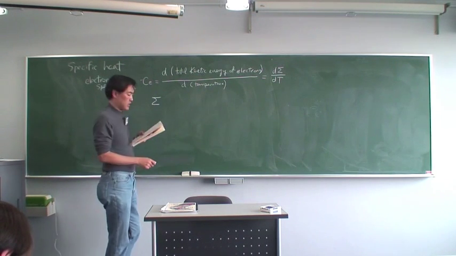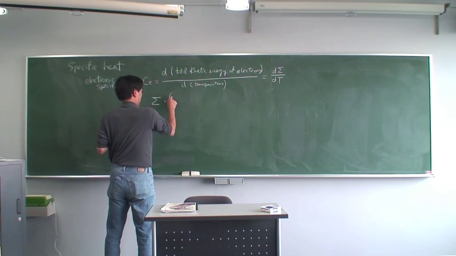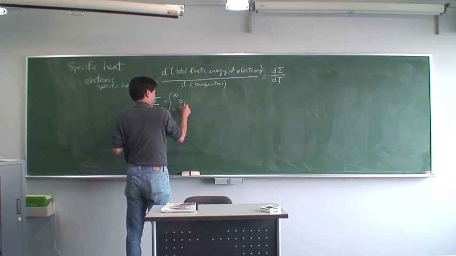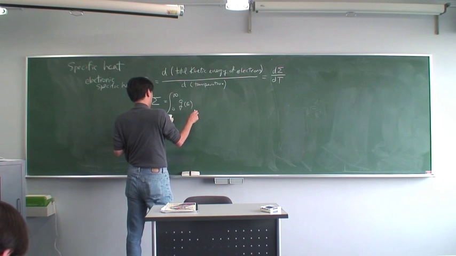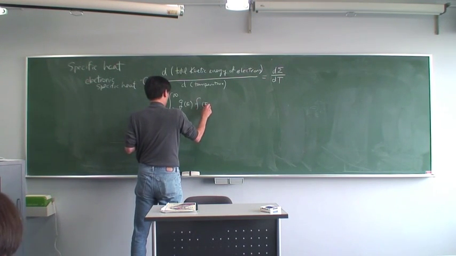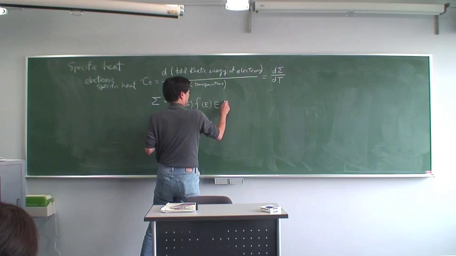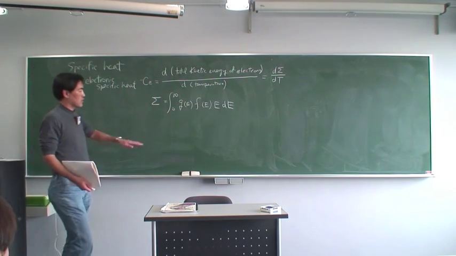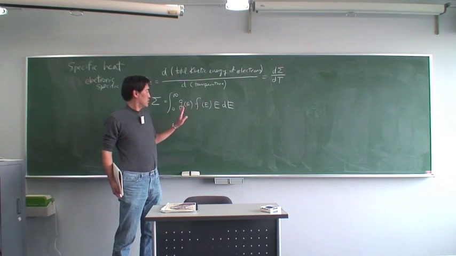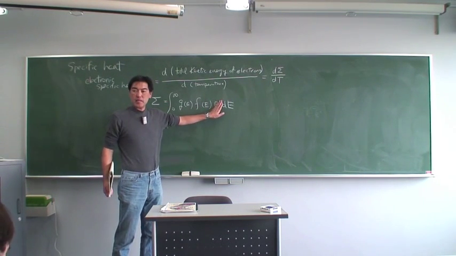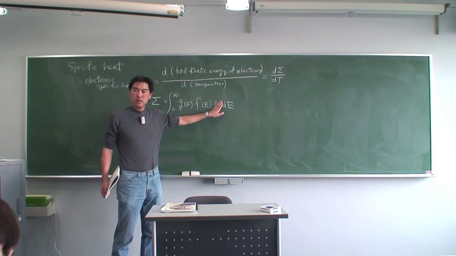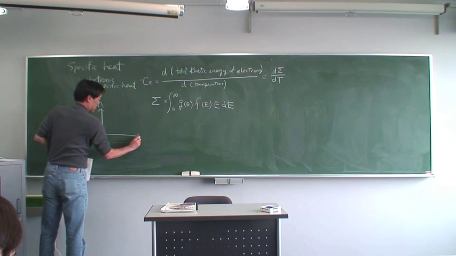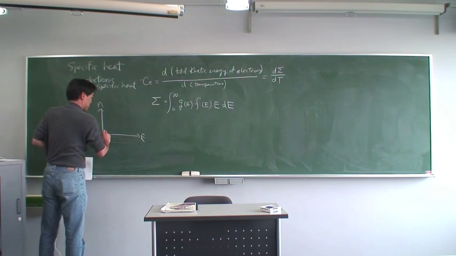And here, total kinetic energy is given by the integral between 0 and infinity of G(E) F(E) E dE. Does it make sense to you? Concentration was exactly the same equation without E, right? Concentration, we always had this N(E), something like this.